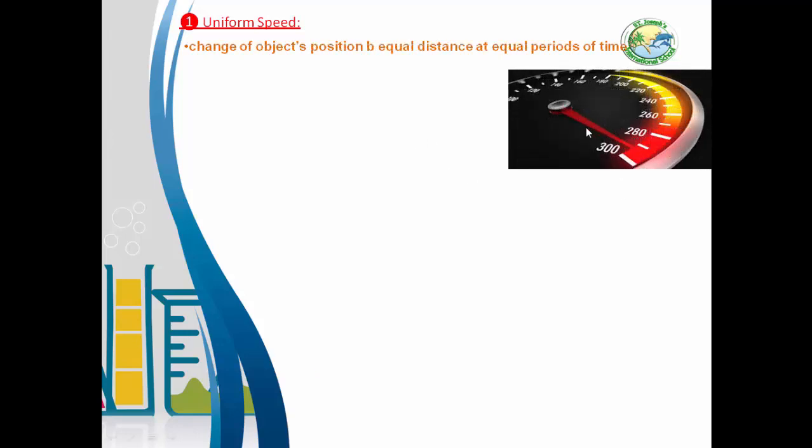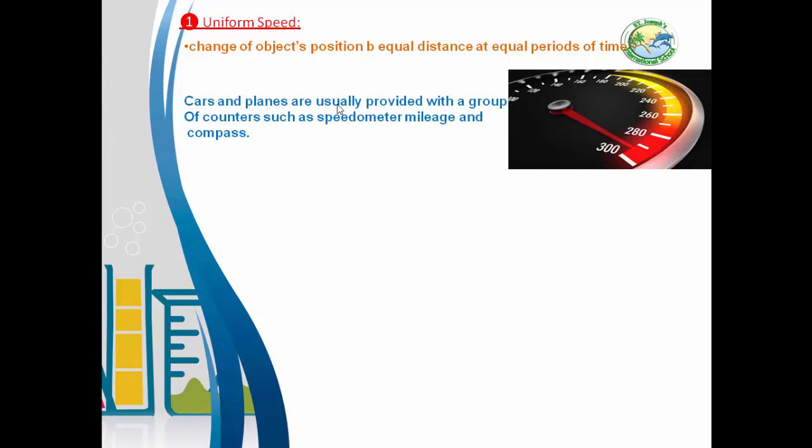Cars and planes are usually provided with a group of counters, such as speedometer, mileage, and compass. These devices are used to measure the speed of the car.